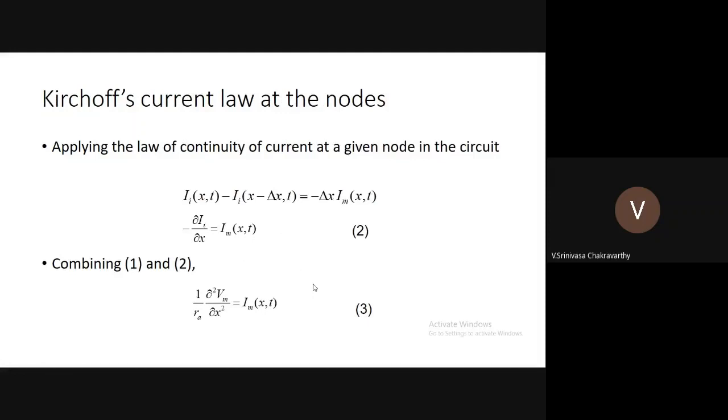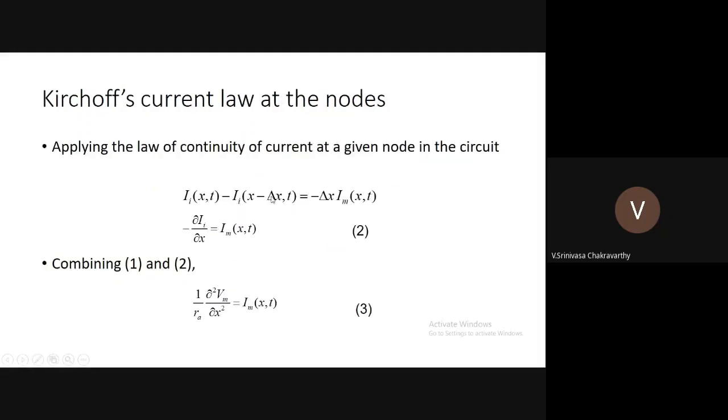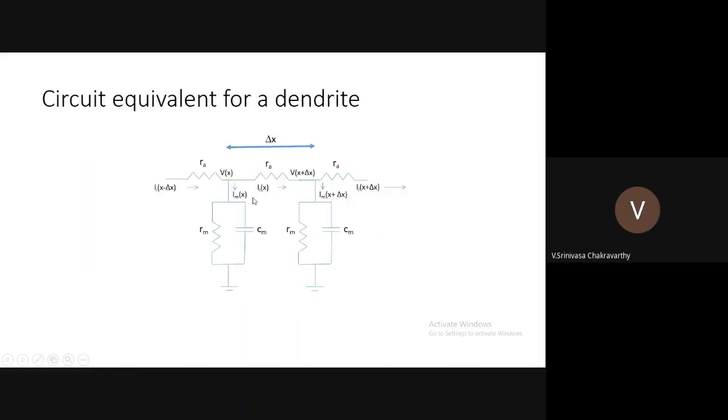Now apply Kirchhoff's current law, the current conservation law, at the nodes. You have two nodes there. Take any node and apply it. So Ii of x minus delta x is split into Im and Ii at x.